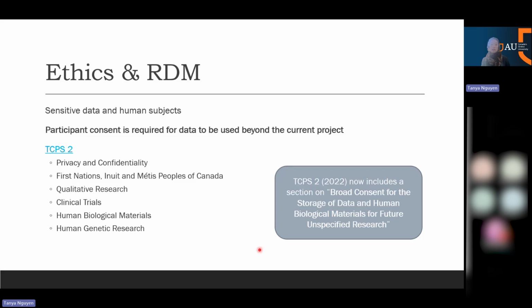And that's part of the update in this TCPS 2 2022. The TCPS has a section added about broad consent for storage of data and human biological materials for future and unspecified research. So there are some particular things you need to think about early on in your ethics application that will be relevant to your research project.